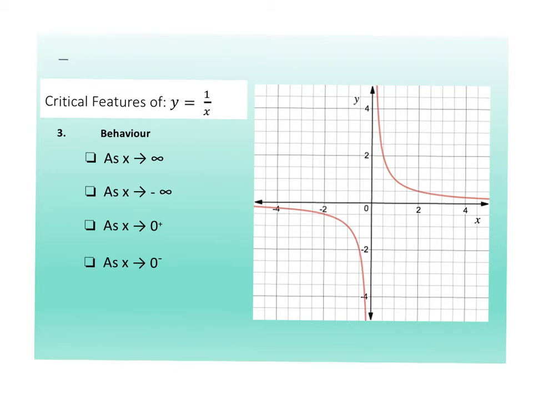Next, we talk about the behavior of y equals 1 over x. Let's have a look at what happens as x approaches infinity. Where does y go? Y goes closer and closer to 0, but it is on the positive side, from above the x-axis.